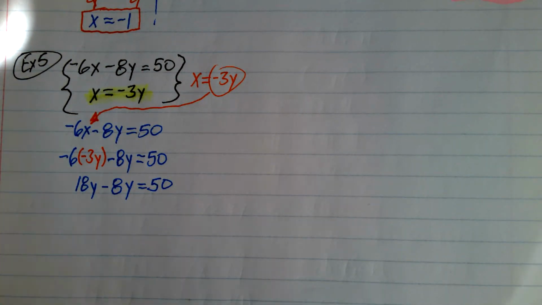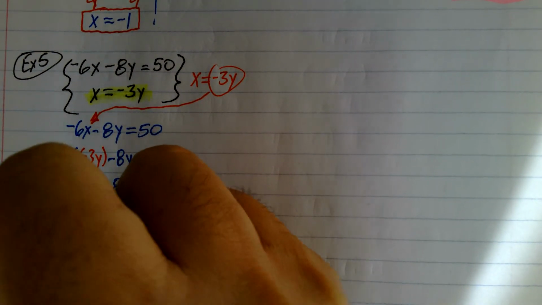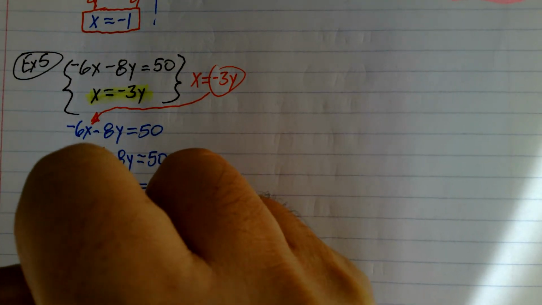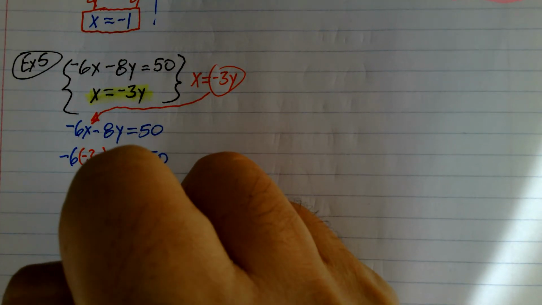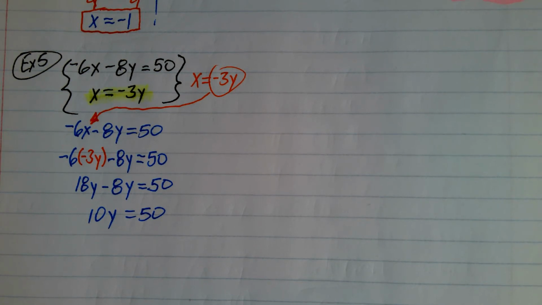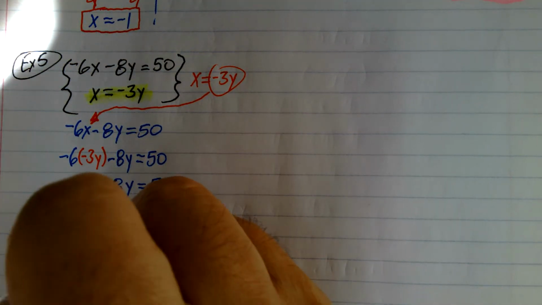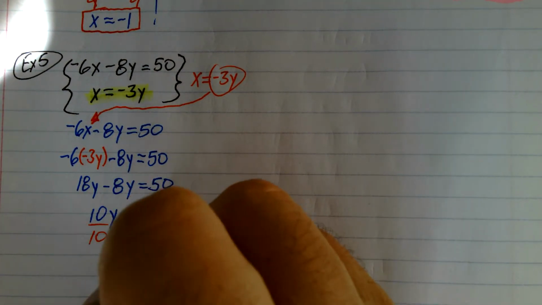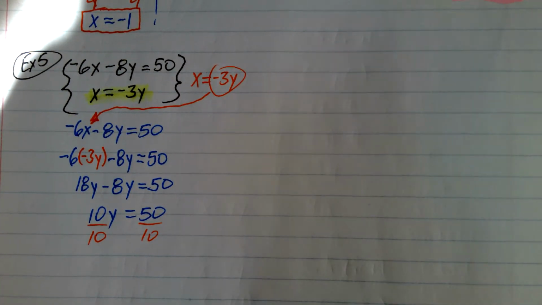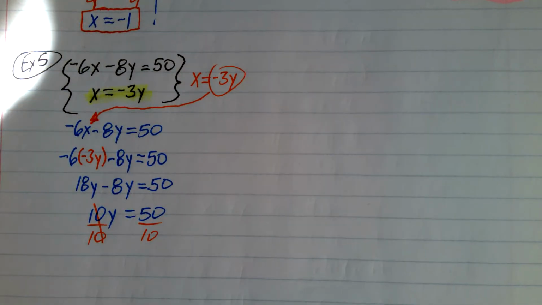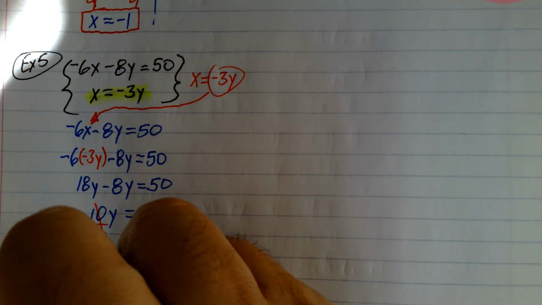Okay, so now here's the catch. I'm subtracting, right? 18 take away 8, that's 10. And then divide out 10 again.